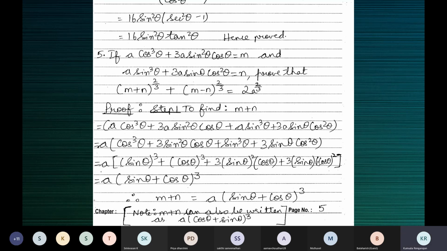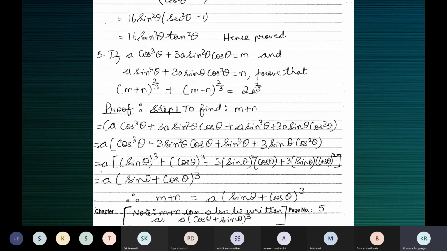Children, if you understand this, the entire thing is easy. Please tell me any question here. If you don't know the identity, please write it down. I shouldn't say you don't know, you know it, but maybe you've forgotten. Please write down: a plus b the whole cubed is equal to a cubed plus b cubed plus 3a square b plus 3ab square.